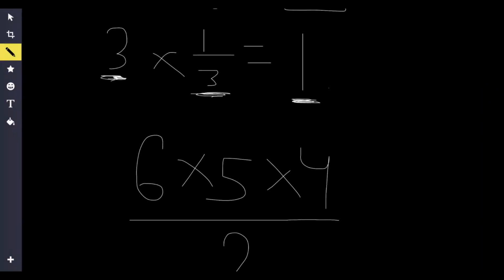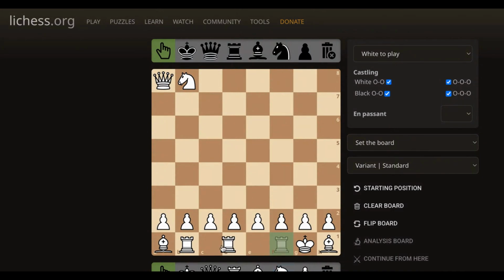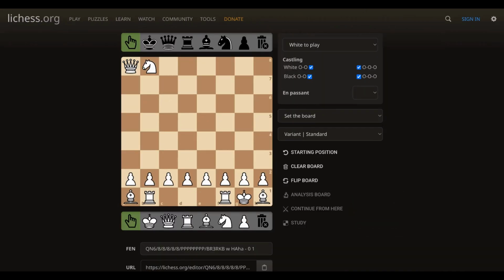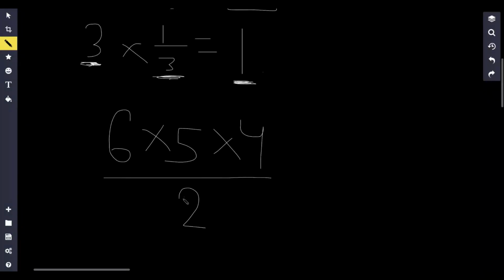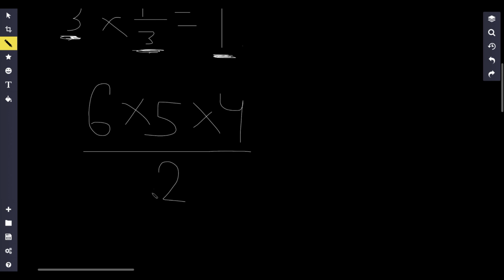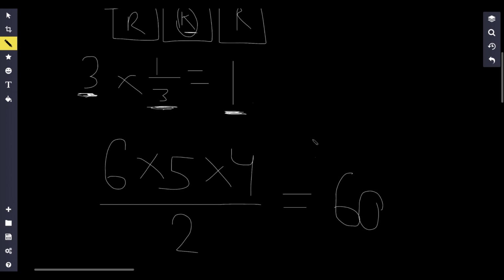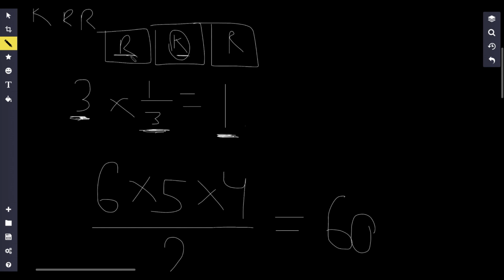But because the two rooks are identical, this position is the same as this position, so we essentially halved our total. So 6 times 5 times 4 divided by 2 is equal to 60. And that's the total amount of ways I'm able to rearrange my king and the two rooks without any restriction.